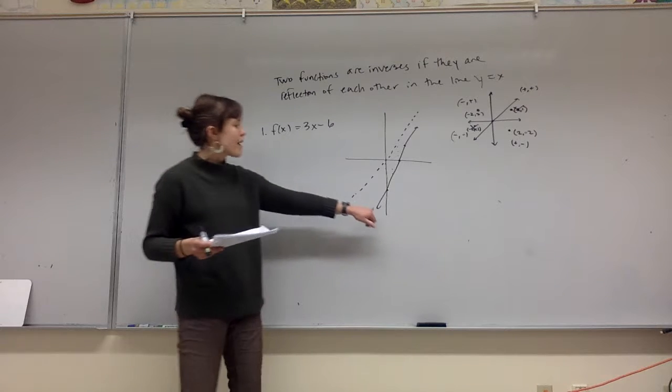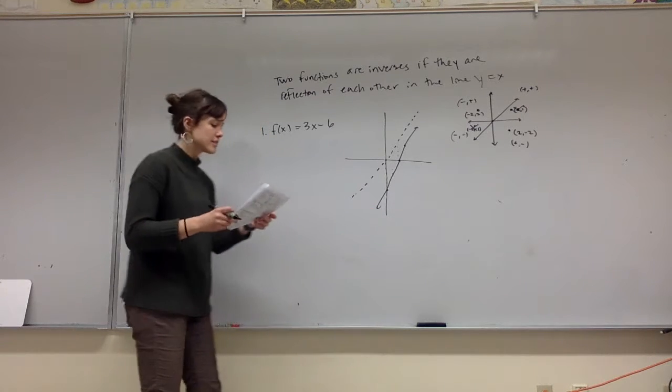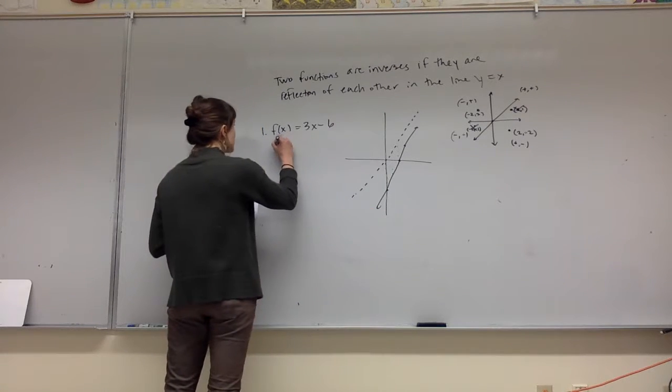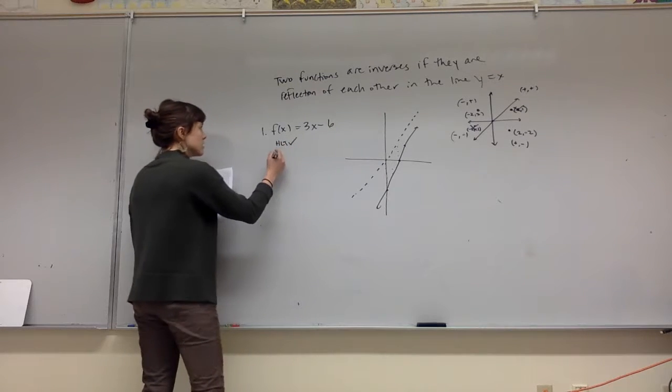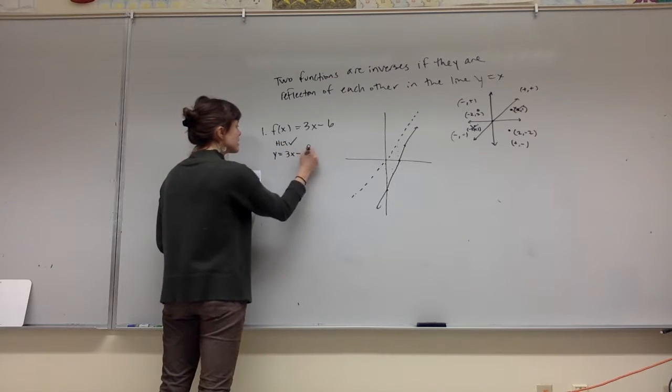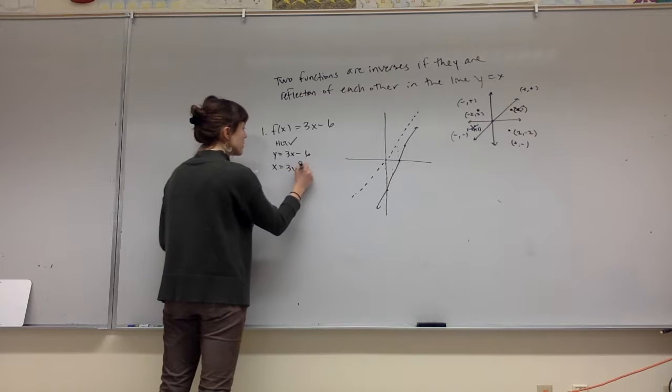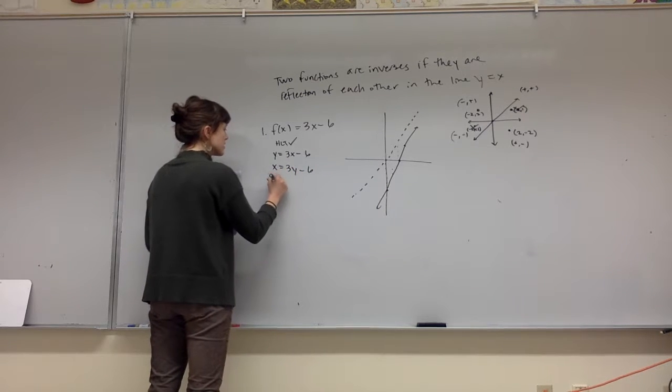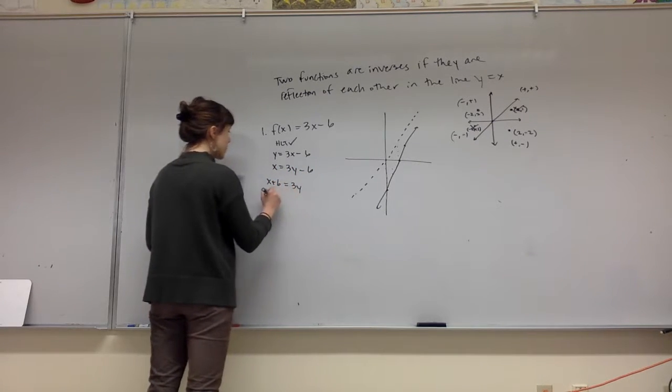So does this line pass the horizontal line test? Yes. So I'm going to go forward and find my inverse. So y equals 3x minus 6, x equals 3y minus 6, x plus 6 equals 3y.